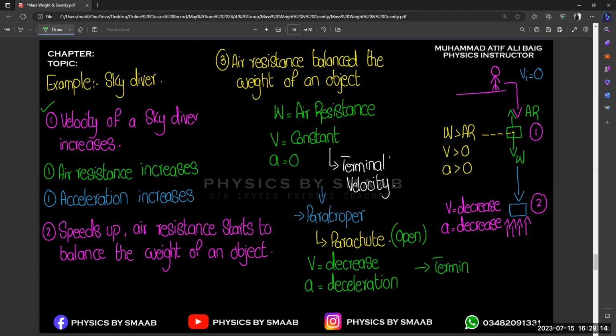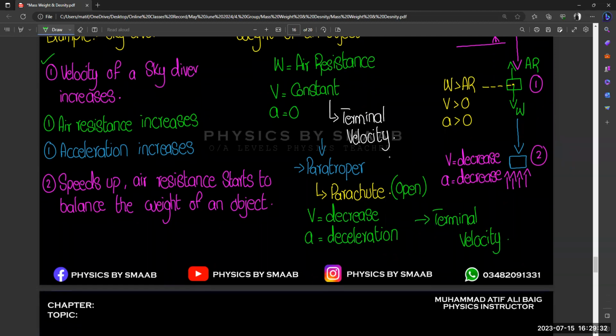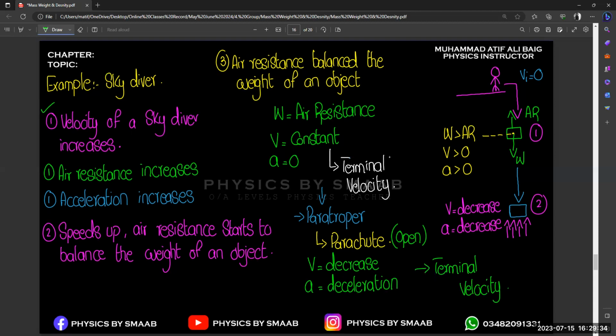So if we consider the example of a parachutist or a paratrooper, in that condition we reach the terminal velocity two times. But if we consider a single object or a single body moving from a height to the ground, in that particular case, terminal velocity can be achieved at any point, but a single time, right?